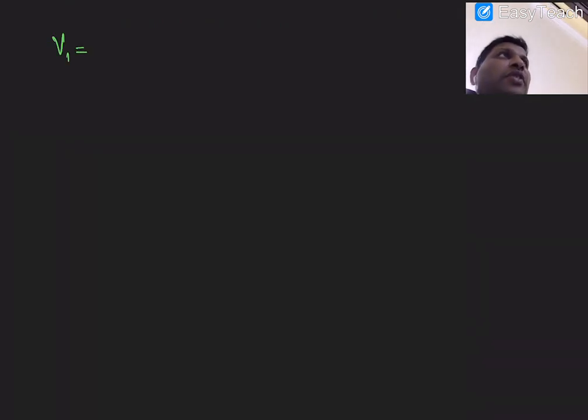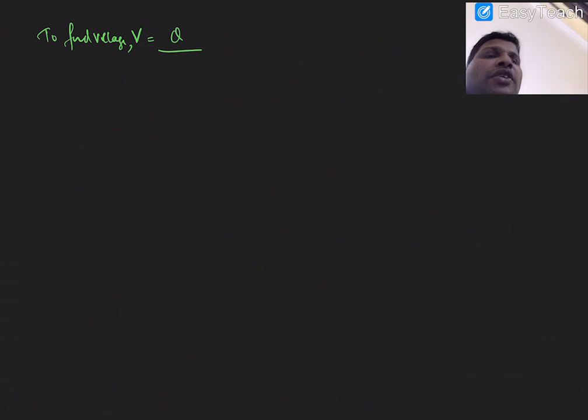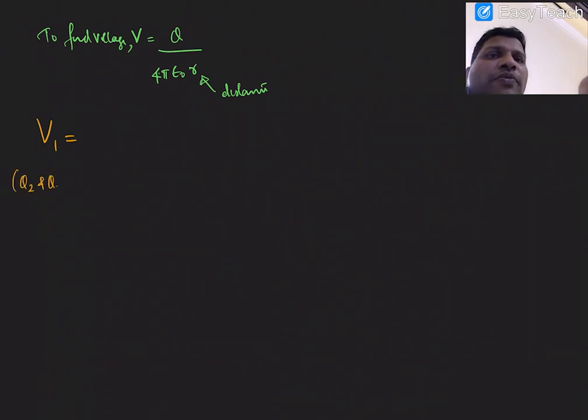Now we will find V1. For finding V1, the general formula to find the voltage V due to some charge Q at a distance R is Q by 4 pi epsilon 0 into R. R is the distance from the charge Q. So in our case we can calculate V1 as, I told you it is due to Q2 and Q3.